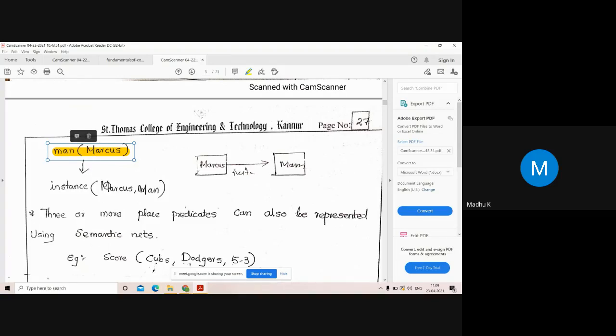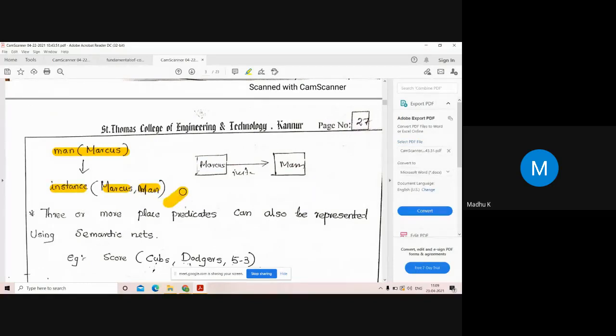Man is a set of persons, a class, and Marcus is an instance. Note that point: Marcus is a particular instance of the man class. So I will use the instance relation.